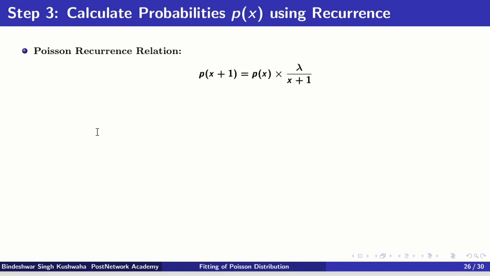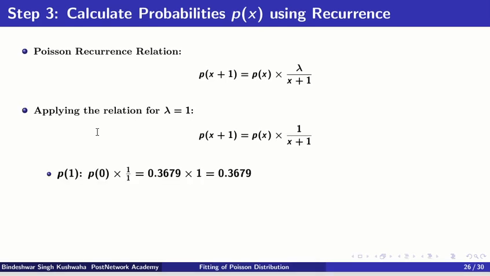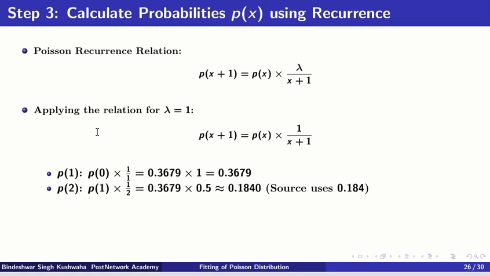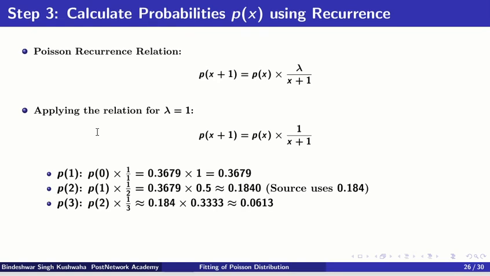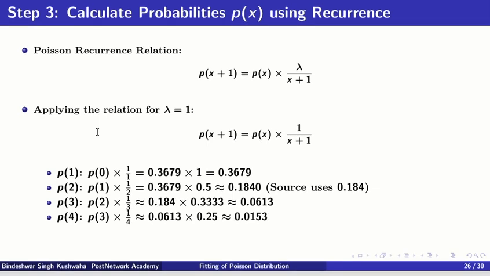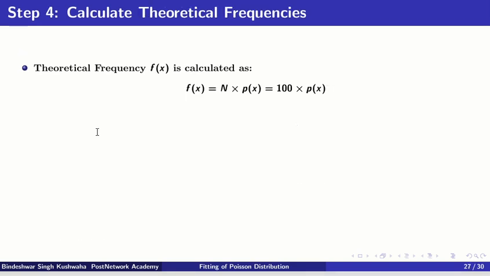Using the Poisson recurrence relation, Px into lambda upon x plus 1, with lambda equal to 1, we have 0.3679. P2 is 0.3679 into 0.5. The same way P3 is 0.0613, and likewise P4 and P5.